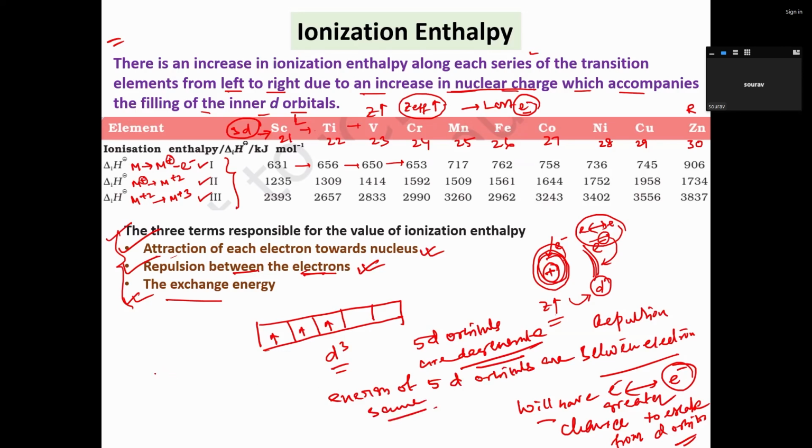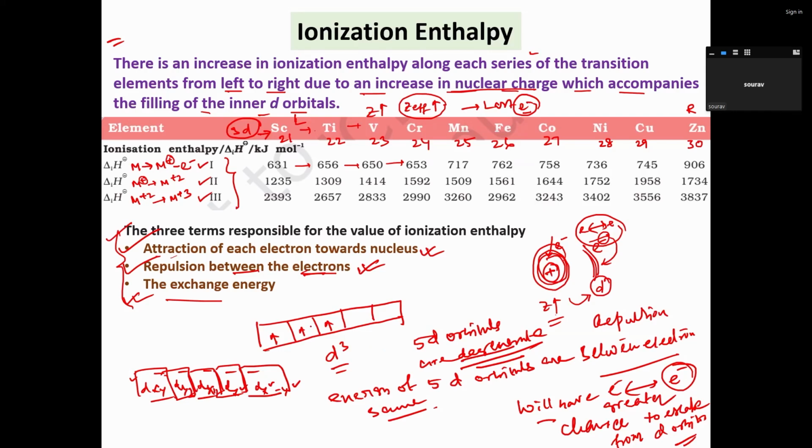So these 5d orbitals are at the same energy. These are dxy, dyz, dxz, dx2-y2, and dz2. So these 5d orbitals have the same energy. That's why these orbitals are called degenerate orbitals.